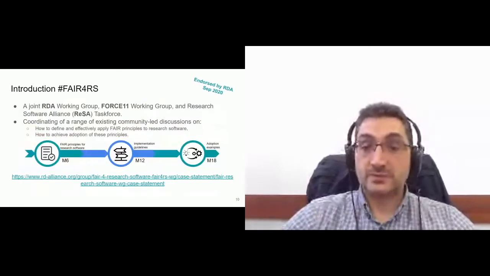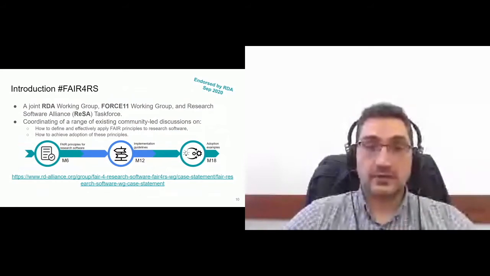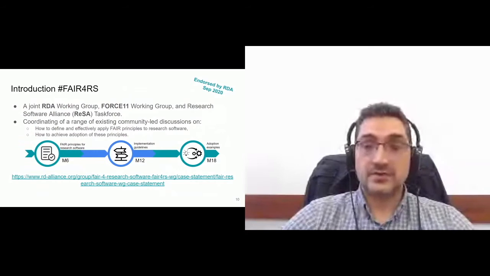Looking at research software specifically, RDA has a working group on FAIR for research software, which incidentally the corresponding session was just before this one, and a lot of the participants in this session were also present in the previous one.